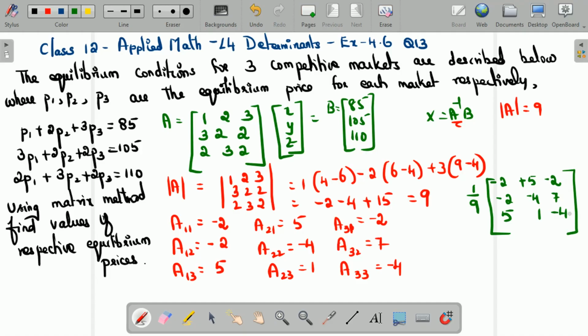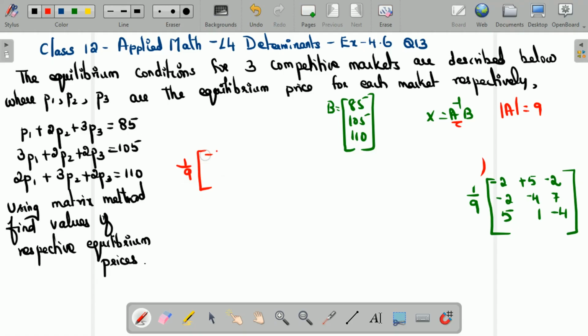Now that we have written this, we are going to multiply this particular matrix with the constant matrix. So let's do that, 1 by 9 into this matrix multiplied with 85, 105 and 110.